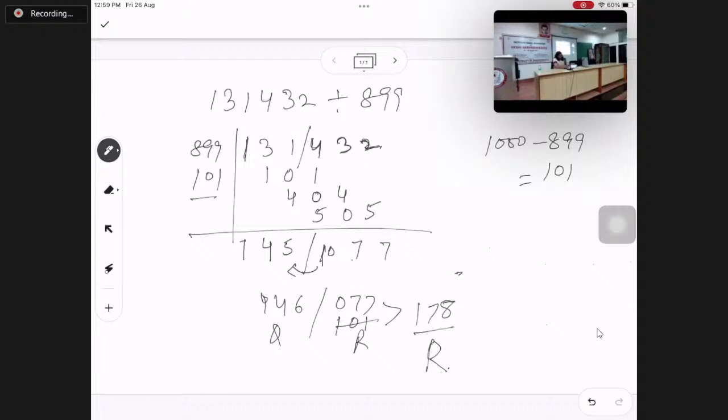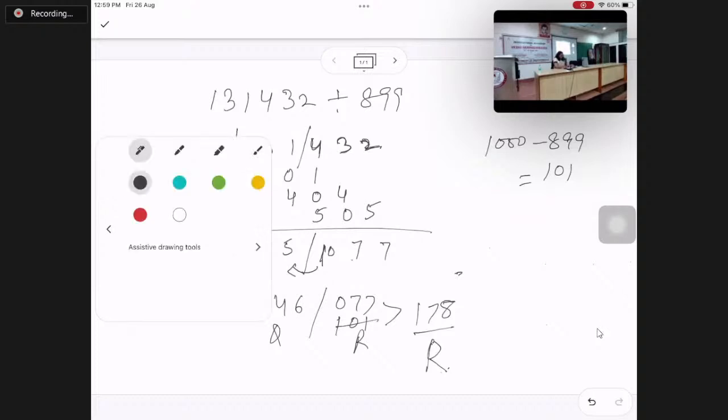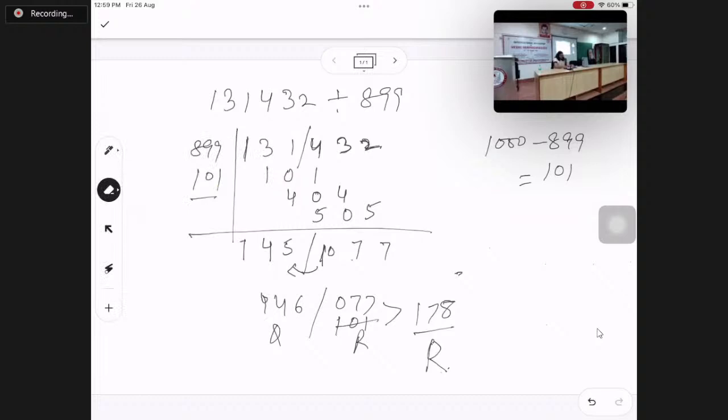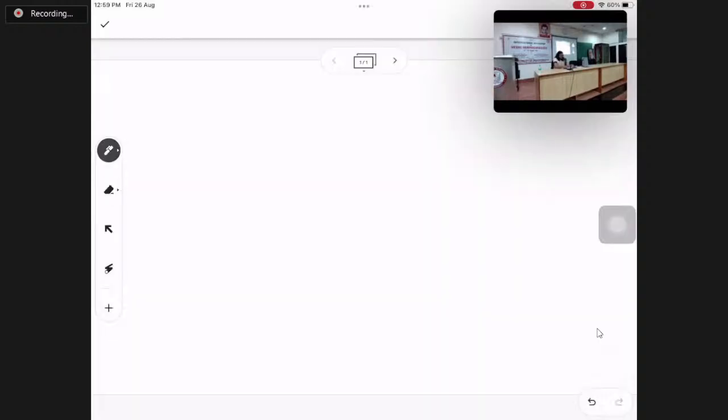Now again, there is a problem here. If you have divided a number by 99, 99 is closer to 100. So what is the modified divisor? Not 1, it is 01. Another thing I want to tell you here, that 0 plays a very important role in Vedic mathematics.